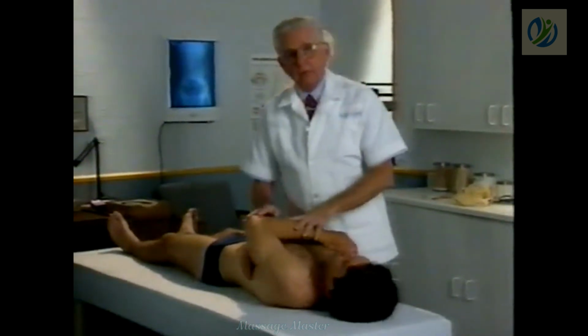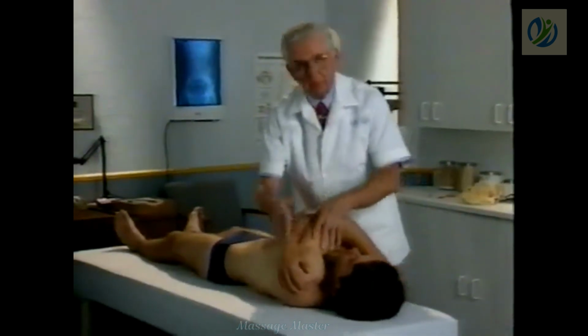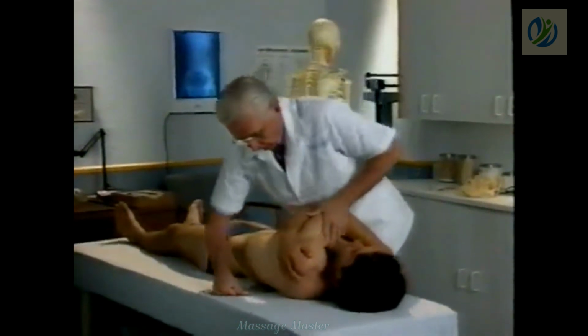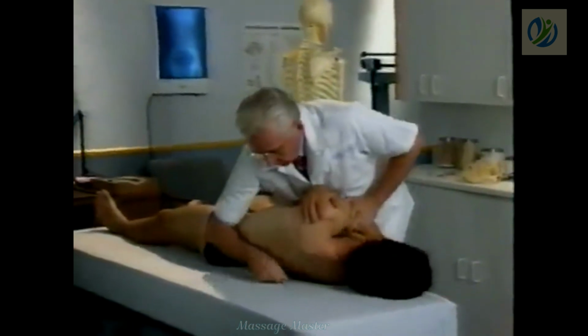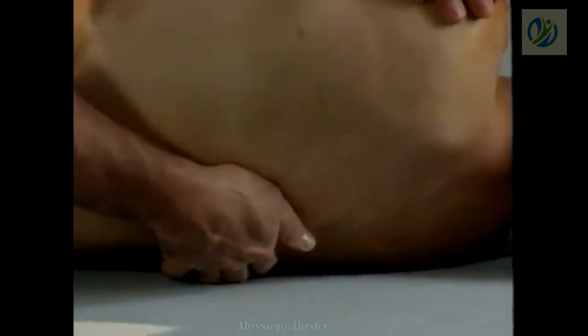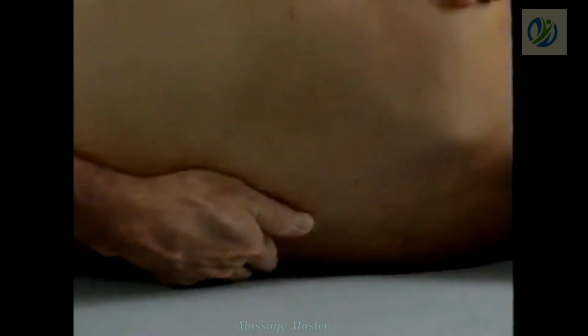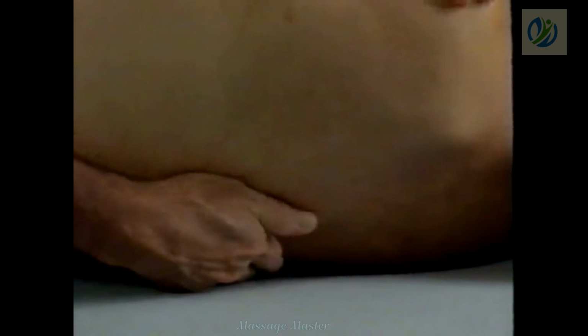For a rib that restricts inhalation, we would again, same principle of establishing our lever arm. Our fulcrum now will start with the thumb on the superior aspect of the rib, and I will take it in this direction with my thumb.